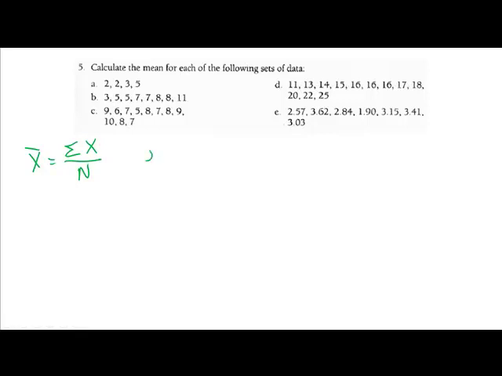So the first thing we do is work with A. 2 plus 2 plus 3 plus 5. 2 plus 2 is 4, 4 plus 3 is 7, 7 plus 5 is 12. So the sum of x equals 12 divided by n. N is the number of observations, 4. 12 divided by 4 is 3.